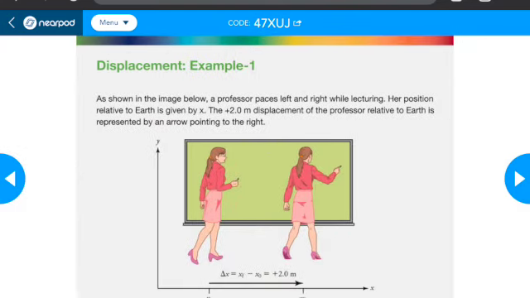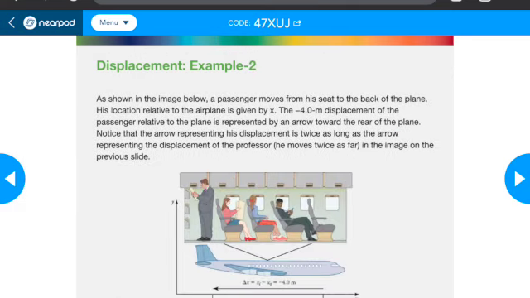So we have this image here that is representing motion in one direction. So you're going to want to draw that picture so you have an idea as to how positive motion works, positive displacement specifically. And so this professor is walking 2 meters in one direction. She's moving to the right. And in this case, again, another picture.